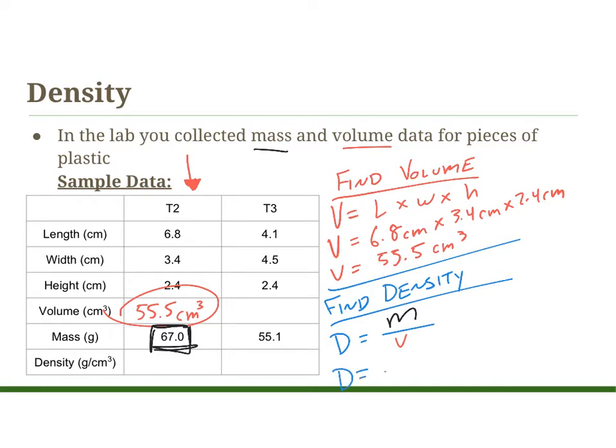So density would be equal to, in this case, 67.0 grams divided by 55.5 centimeters cubed. So when I calculate that, I get a density equal to 1.21 grams per centimeter cubed. So that's what you had to do for homework over the weekend, and many of you finished it in class on Friday.